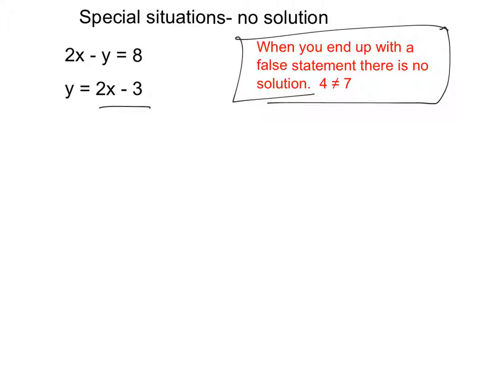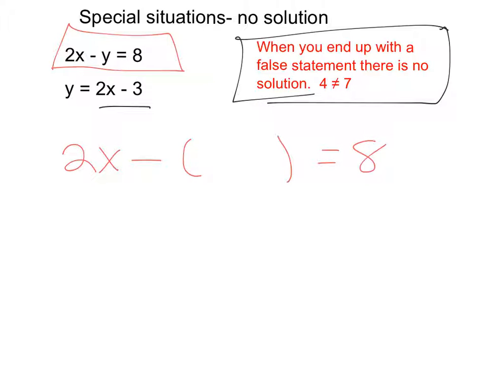So wherever I see y, I put in 2x minus 3. So I'm starting with the top equation, 2x minus whatever y is going to equal 8. So we can take this y, plug it in there, and we get 2x minus (2x minus 3). So I need to remember to distribute the negative sign through to both terms.